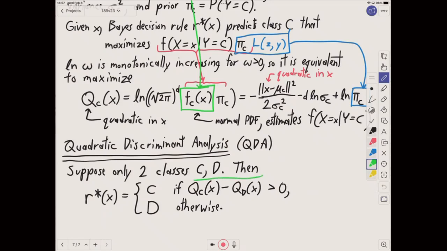I want you to notice in particular that this is now essentially the decision function of this classifier. So this is another example of a classifier that computes a decision function to classify new points. And it's a quadratic decision function.